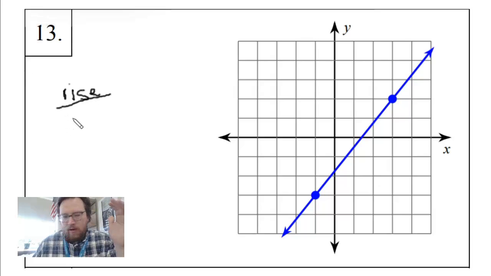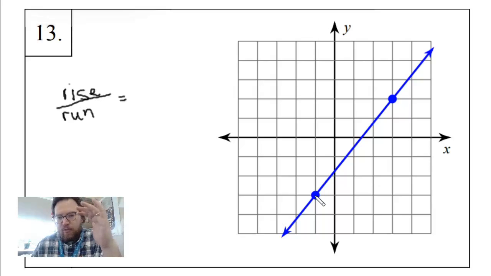Rise over run. Okay, so the rise can be positive or negative, but the run always goes left to right. So when we're trying to calculate the slope, we want to start with the point that's furthest to the left.